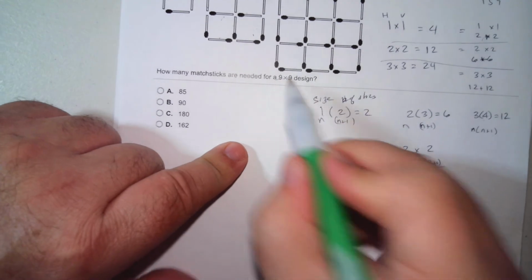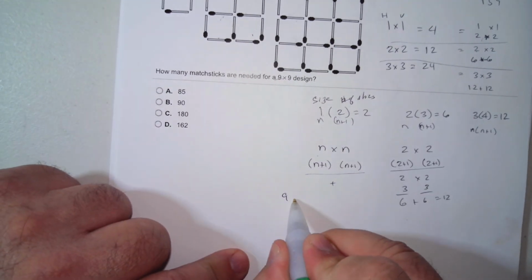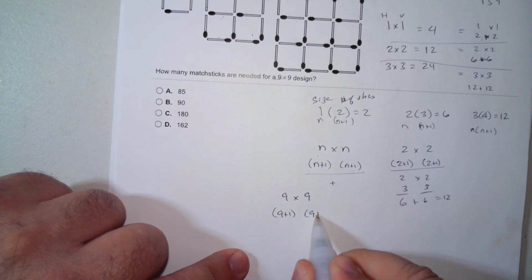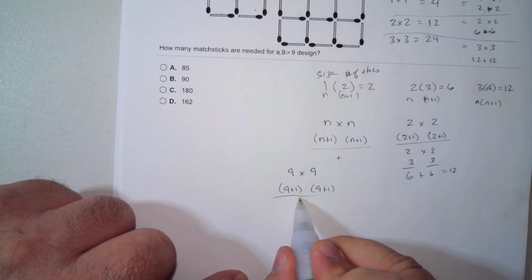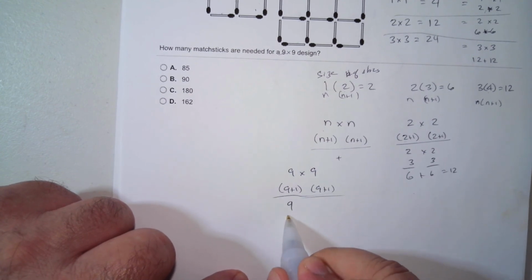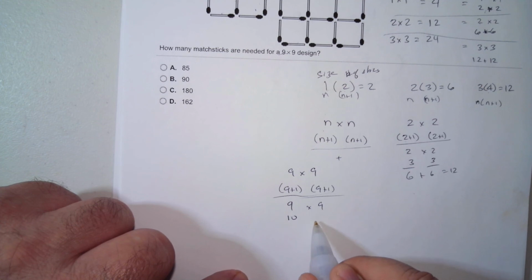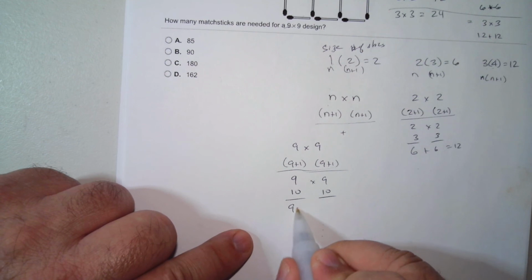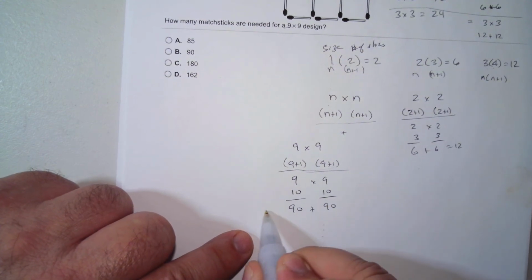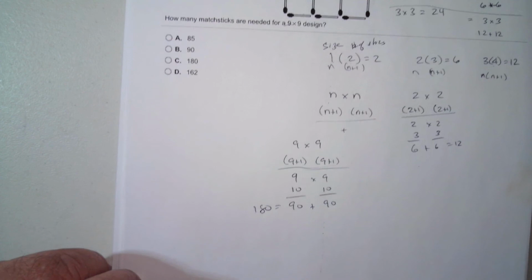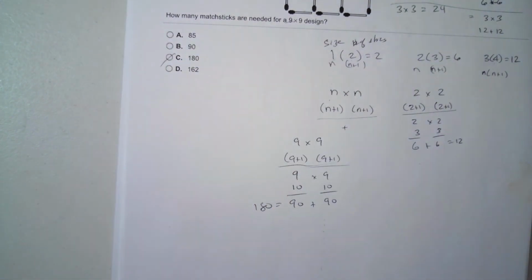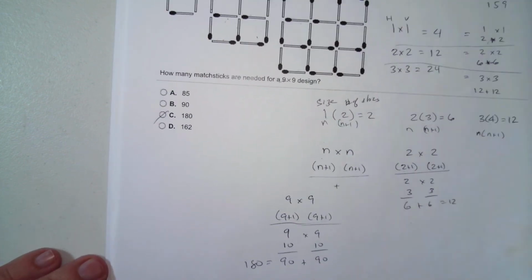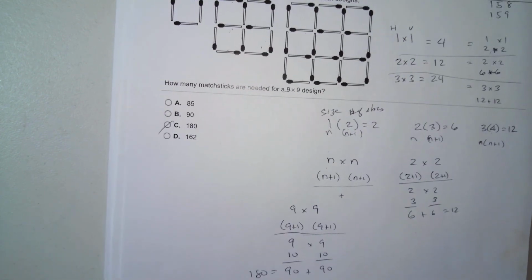So if we had a 9 by 9 matrix, it will be 9 times 10, 9 times 10. 90, 90, add those together, I get 180. So I'm going to need 180 sticks for that one. Look for patterns, trial and error. All right, that's it for section 2. Good luck, everybody.